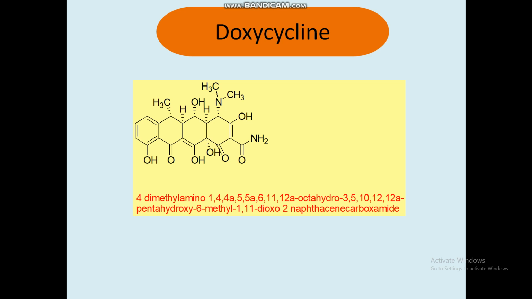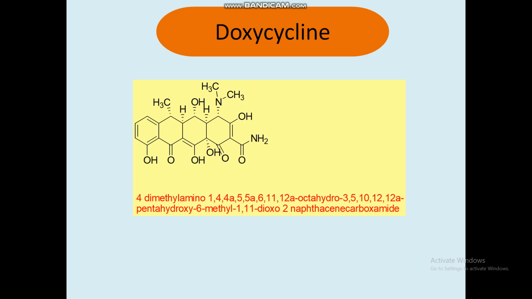So doxycycline is a synthetic broad spectrum tetracycline antibiotic. It exhibits antimicrobial activity and is also a potent anti-malarial agent. In combination with quinine, doxycycline is an alternative drug for the treatment of chloroquine resistant Plasmodium, and is active against gram positive and gram negative bacteria.